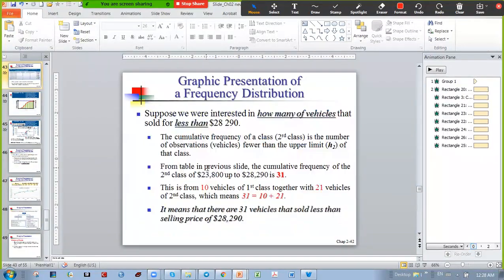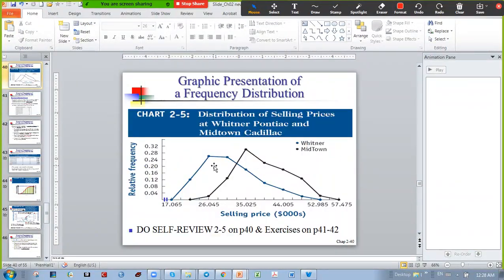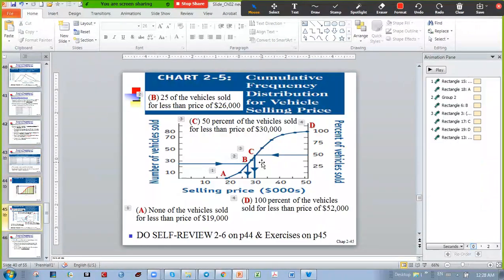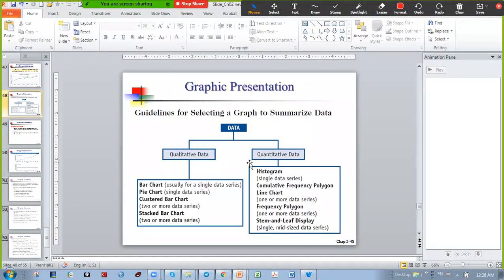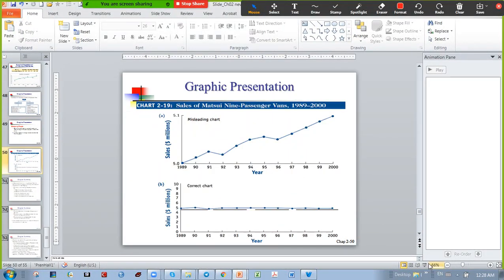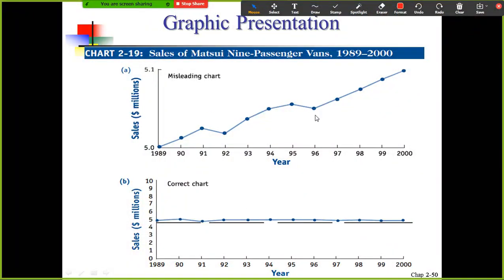Summarize or conclude this one in one paragraph: interpret why this is wrong and why this is correct. Okay, this is time series data. This is year. This is sales revenue in millions. Line chart A is wrong, line chart B is right.